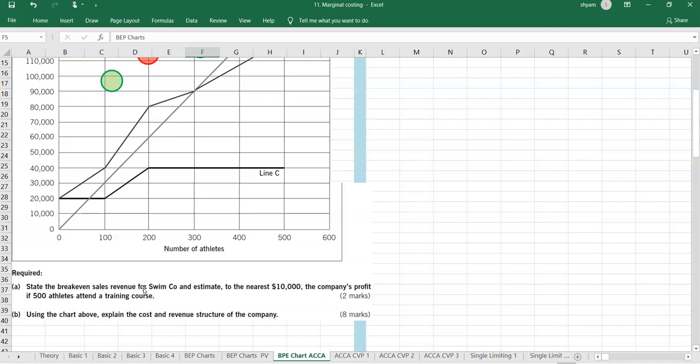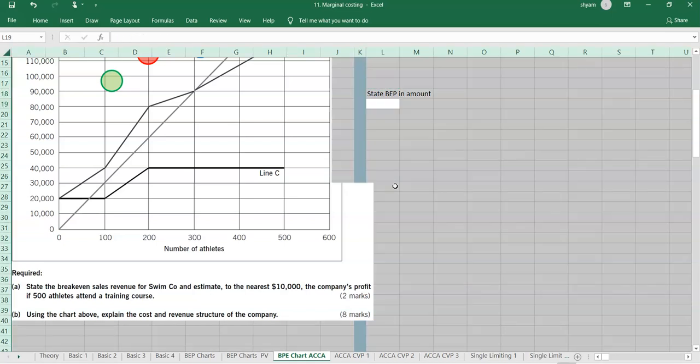The second part asks for the company's profit if 500 athletes attend a training course. So first we have to state the break-even point. We'll just mark it here. State BEP in amount. That's the first question.